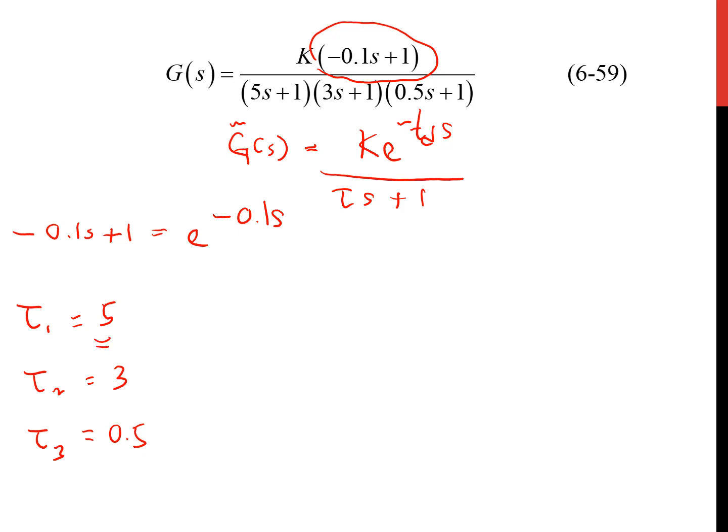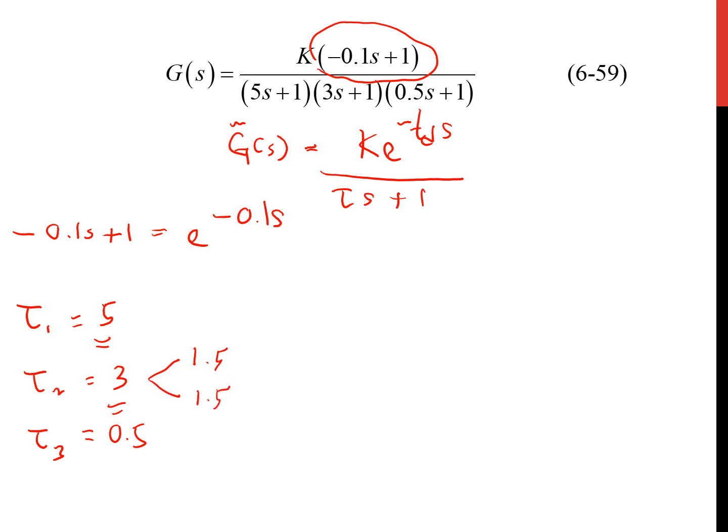By applying the Skogestad half rule, the largest time constant remains, so 5 remains, and the half rule is applied on the second largest time constant, which among 5, 3, 0.5 is 3. So this value you need to divide by half. That means you have 1.5 and 1.5.